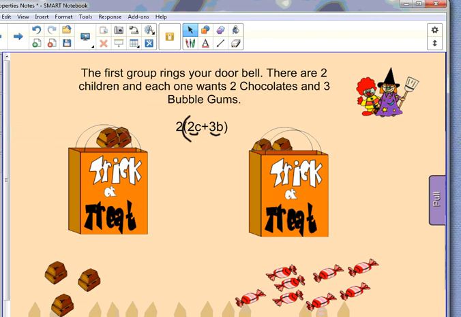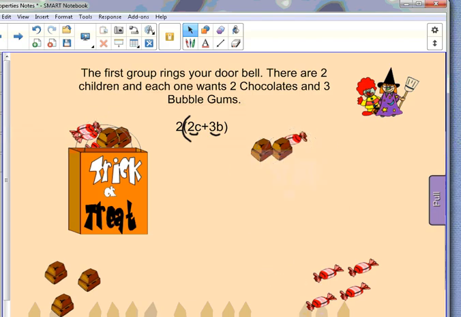So you put 2C in 2 times. Then you would have to take the 3 bubble gums, and you would go 1, 2, 3. And then you would do 1, 2, 3, even though the bag disappeared. It's a ghost bag. It's Halloween. All right? So what I did is I took my candy, and I distributed it equally into 2 separate bags. It's called the distributive property.